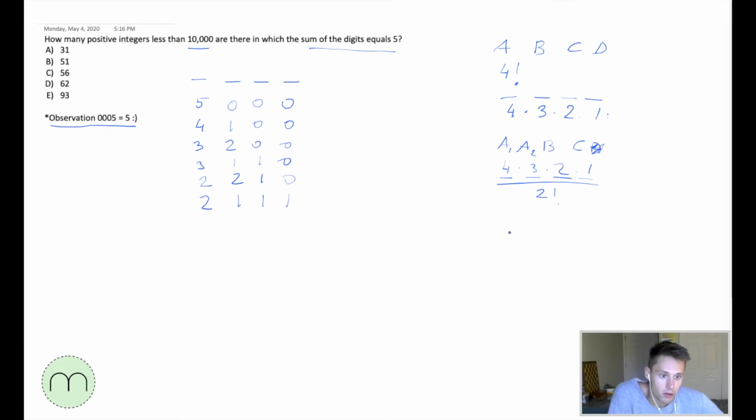And then you can follow the example. If you had 3 A's and a B, again, it would be 4 factorial divided by 3 factorial. And an alternative example, AABB: the answer would be 4 factorial divided by 2 factorial times 2 factorial.